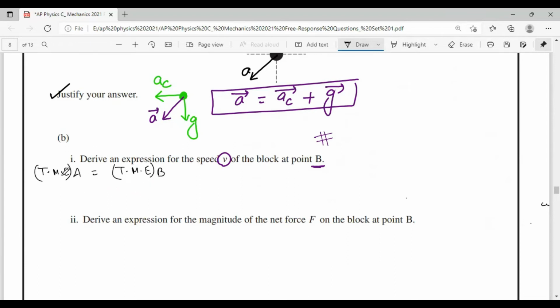Since the block starts at rest, its kinetic energy will be zero.